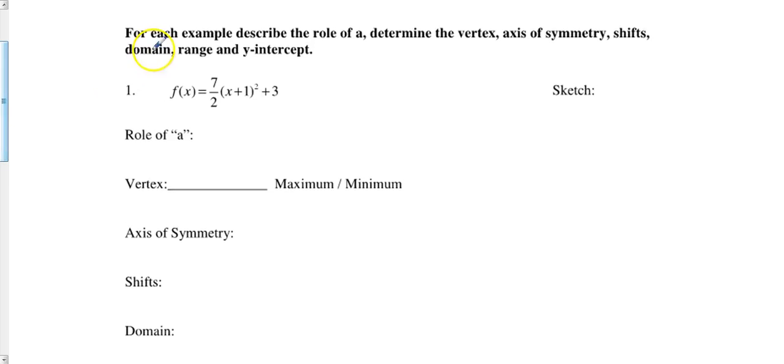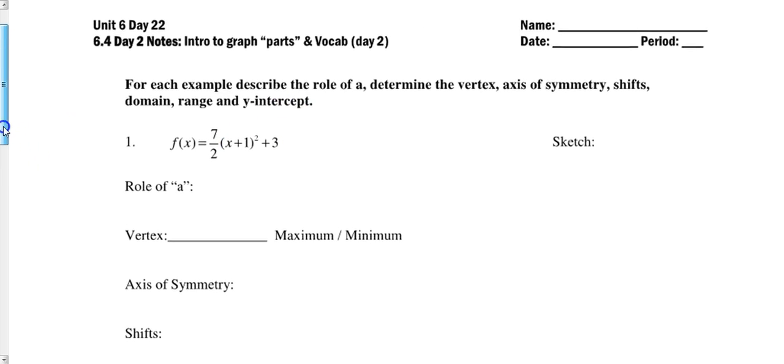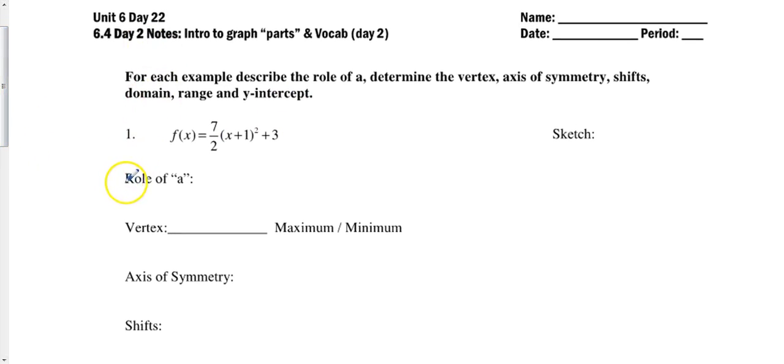It says, for each example, describe the role of A, determine the vertex, axis of symmetry, shifts, domain, range, and y-intercept. So let's do that. To decide the role of A, first we have to say, what is A? What do you say A is?